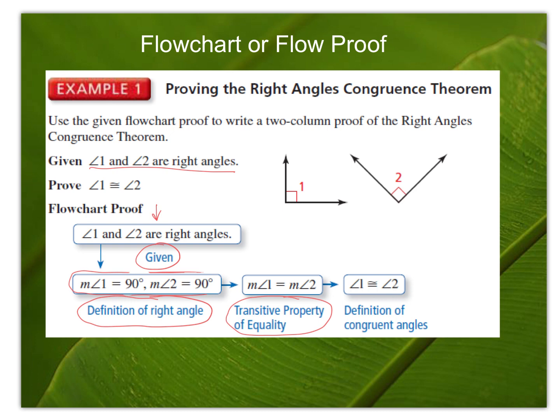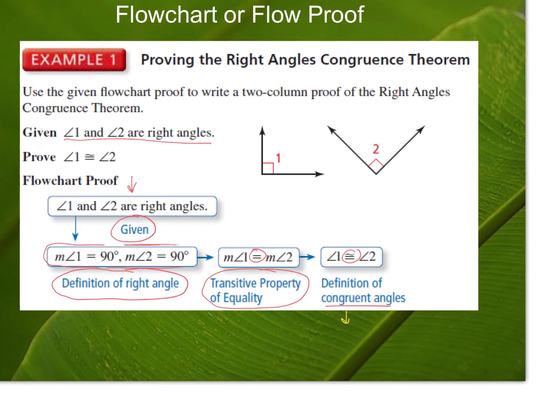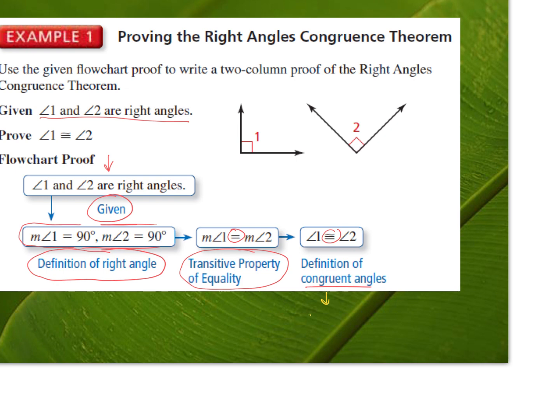And then the last step is going from the measure of angle 1 equals the measure of angle 2 to angle 1 is congruent to angle 2. And that's the definition of congruent angles. This definition of congruent angles basically allows you to convert things that are equal to make them congruent, or things that are congruent to things that are equal.